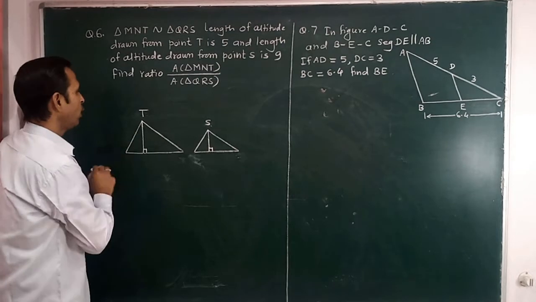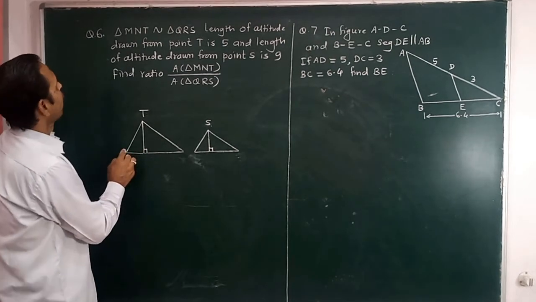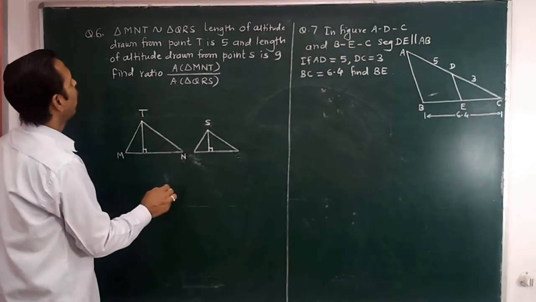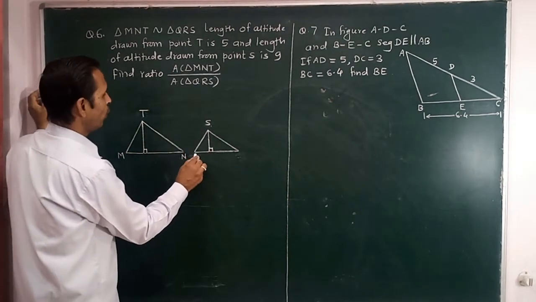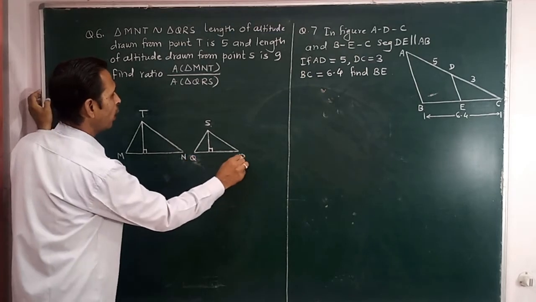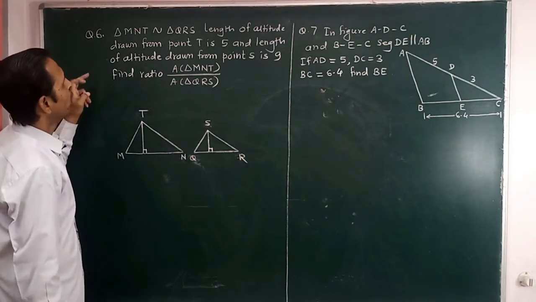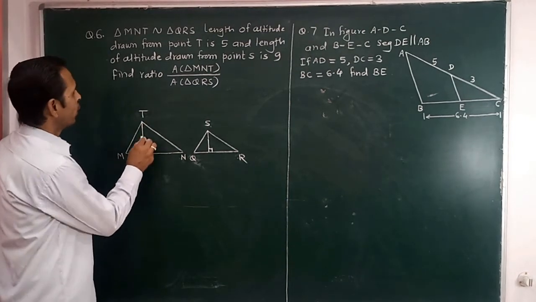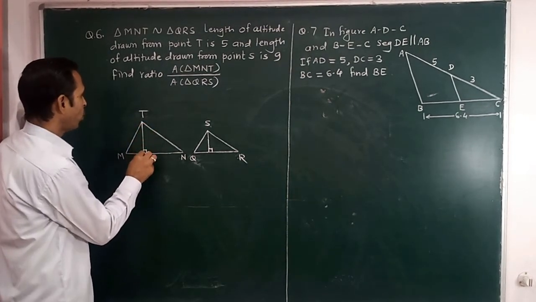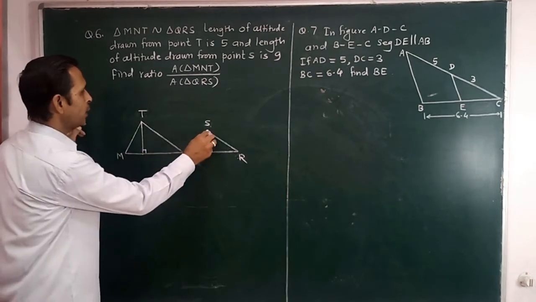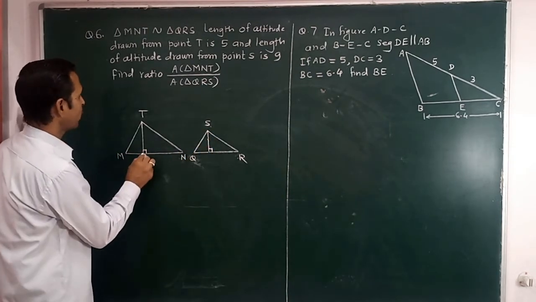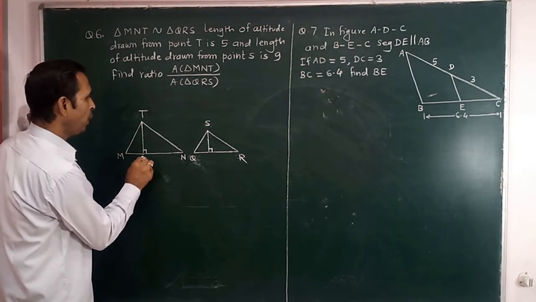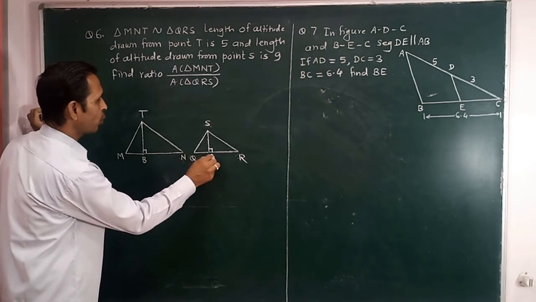This triangle is MNT and this triangle is QRS. This is the altitude from point T and this is the altitude from point S. This point we write as B, and this point suppose is C.